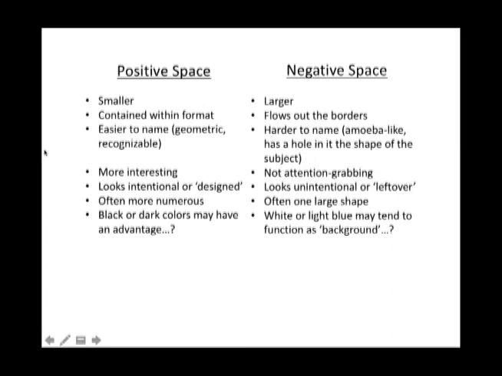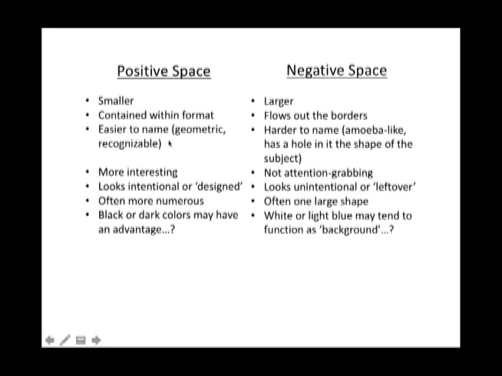Now that's obviously not always true, right? So imagine that airplane. If it had been a little bit cropped, you'd still have recognized it as an airplane. But negative shapes tend to flow out the borders. And this is one of the strongest tendencies, I think, that makes a shape appear negative. Positive shapes or positive spaces are easier to name often.